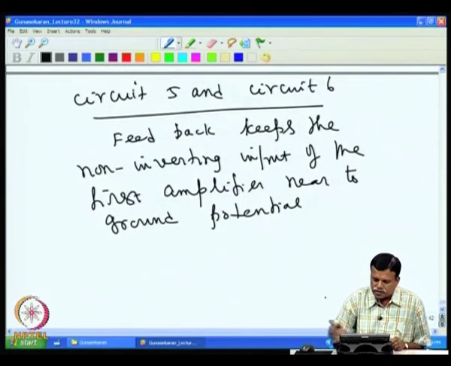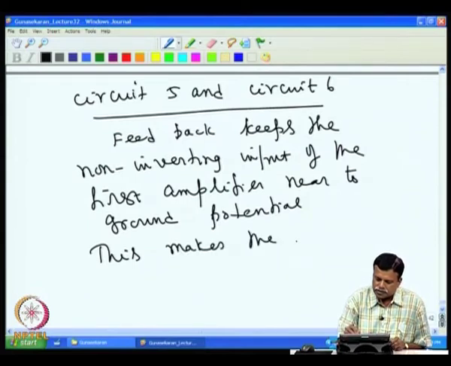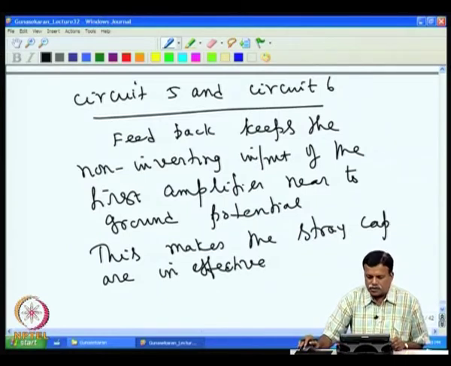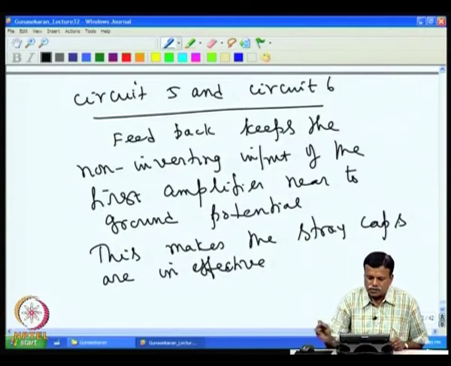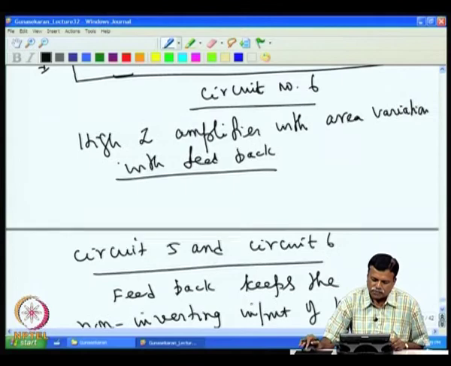This makes the stray capacitances ineffective. So, that is the advantage, because the input capacitors have no effect.